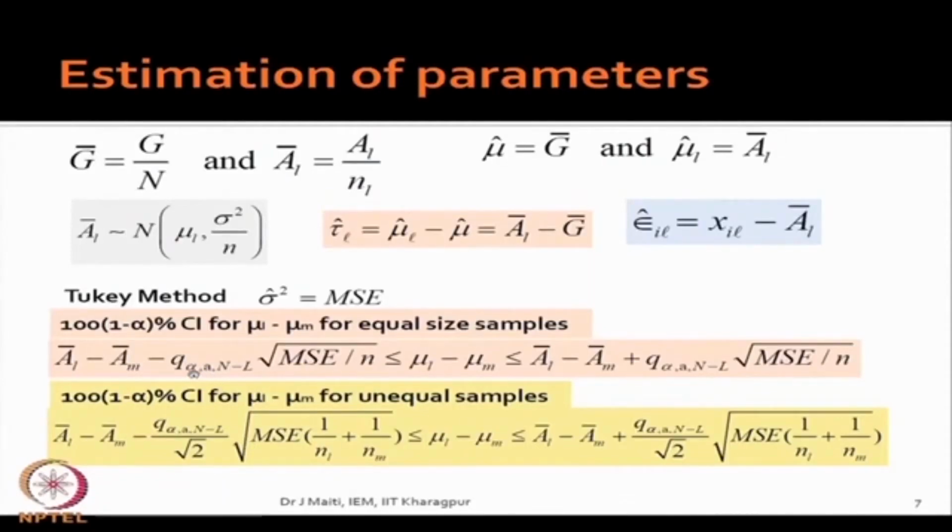Here alpha is the probability, a and n minus L are the other two parameters used for seeing the table. So you have to see the studentized range statistic table. Tukey statistics is popularly used. Then once you use this, you can go for this interval estimation. For equal sample sizes it will be like this, and for unequal sample sizes only this 1 by N L plus 1 by N M quantity will come into consideration.